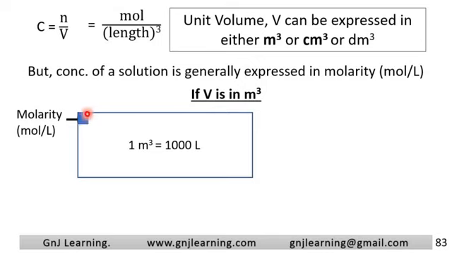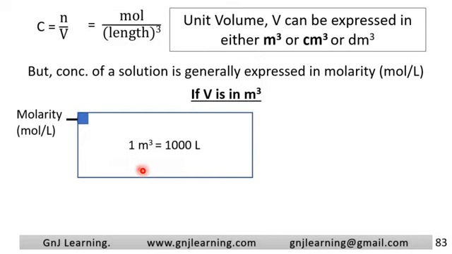So if 1 liter has, say, X moles, that is molarity. Molarity is the number of moles in 1 liter. If it has, let us say, X moles in this 1 liter, then how many moles will be there in 1000 liters? I am just taking a small portion of it, 1 liter, and it has X moles.